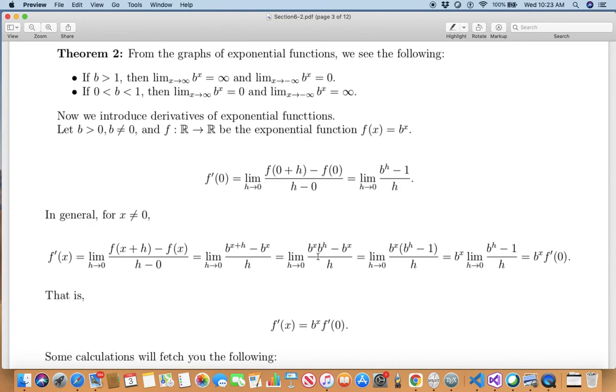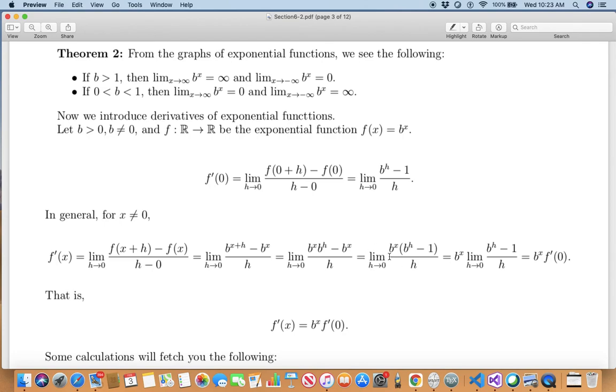Okay. Now, b power x plus h is b power x, b power h. Minus b power x as before over h. Notice b power x is common, so get that factor out. b power x times parenthesis b power h minus 1, the whole over h.